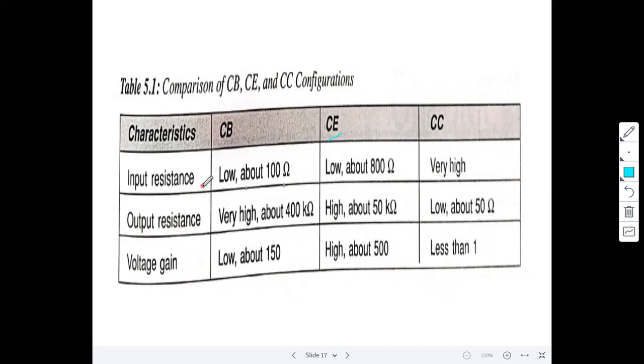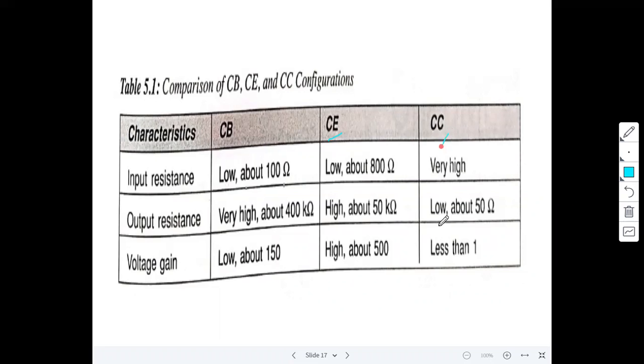Because for a voltage amplifier circuit, observe the requirements here. Input resistance low, about 100 ohms. This is for CB: output resistance very high, voltage gain low. CE configuration: input resistance low, output resistance high, voltage gain high.